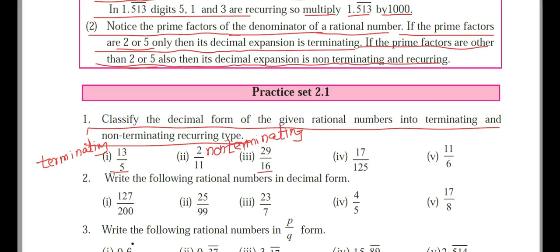Next, 29 upon 16, 16 is 2 into 2 into 2 into 2, that is 4 times, therefore it is terminating. Next, 17 upon 125, it is 5 into 5 into 5, 3 times, therefore it is terminating. And last, 11 upon 6, it is 2 into 3, therefore it is non-terminating.